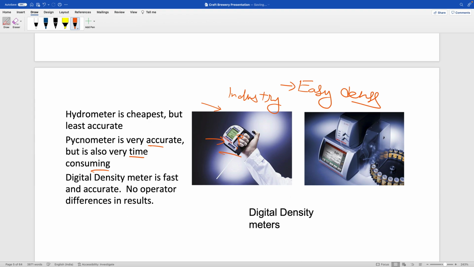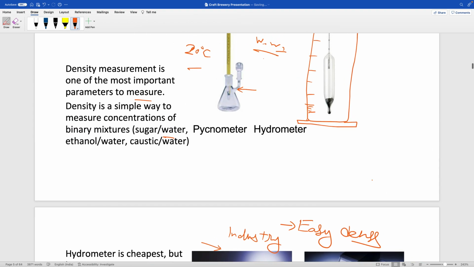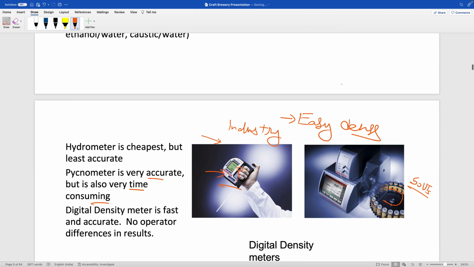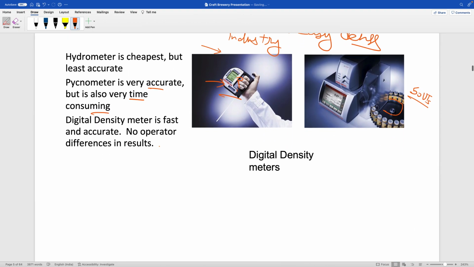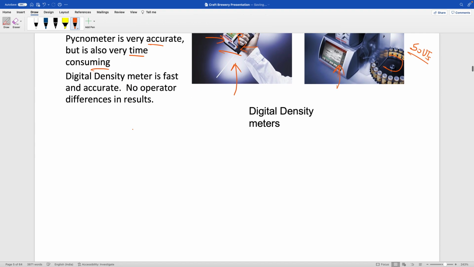As you can see, in an industrial brewery, let's say they have 50 FVs or 50 tanks. So doing those 50 tanks by this will be a very cumbersome process. So to get quick and accurate results, they use this. In the brew house, they use this. You can even use it for other beer samples also, but there are a few complications with the samples.